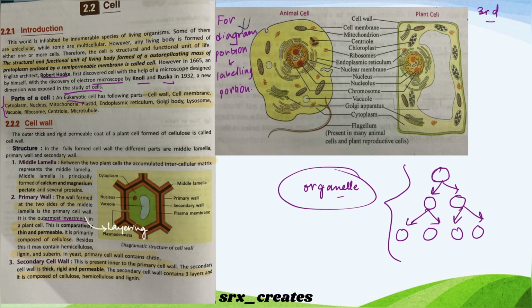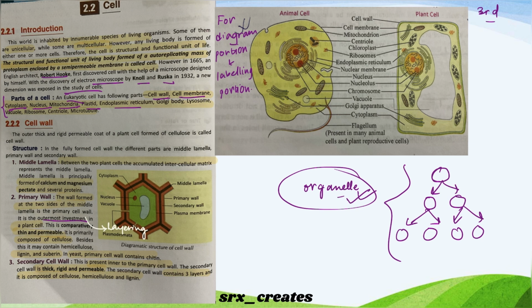In eukaryotic, which is the more developed one, we have cell wall, cell membrane, cytoplasm, nucleus, mitochondria, plastid, endoplasmic reticulum, Golgi body, lysosome, vacuole, ribosome, centriole, microtubule. These are our cell organelles. Now we will deal with the particular organelles one by one.